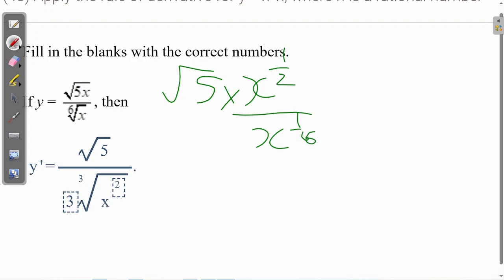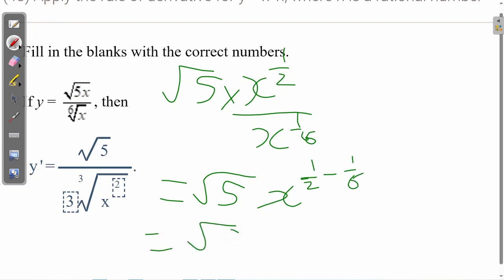Now we just work with this x, so radical 5 aside, it will be x to the power of 1 over 2 minus 1 over 6, which is equal to radical 5 times x to the power of 2 over 6, or 1 over 3.